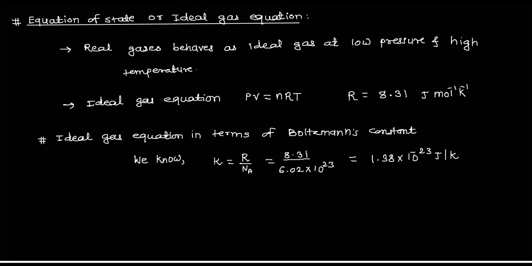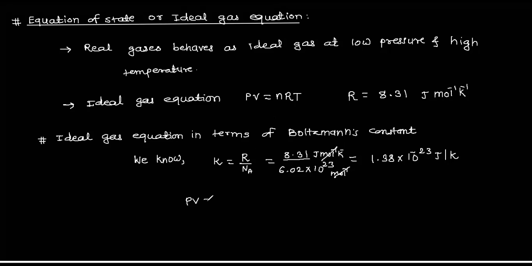If you want to write the unit, you can write joule mole inverse Kelvin inverse divided by mole inverse; the mole inverse cancels, and you get joule per Kelvin or joule Kelvin inverse. This is the Boltzmann constant.